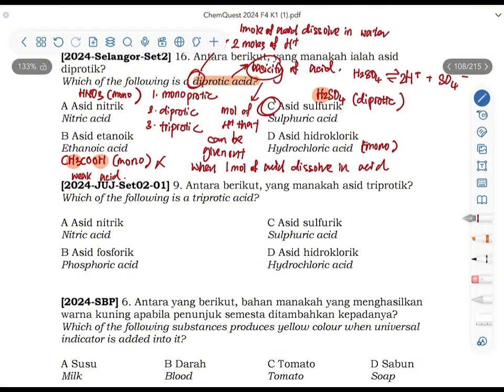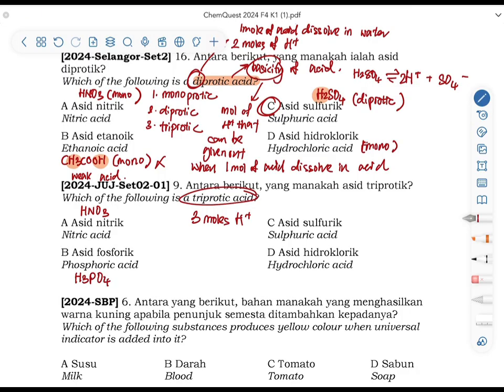Okay, the next question. What is the triprotic acid? Now we want to find the acid which produces 3 moles of hydrogen ion. Let's go through the options one by one also. A, nitric acid, the chemical formula is HNO3. B, phosphoric acid, which is H3PO4.